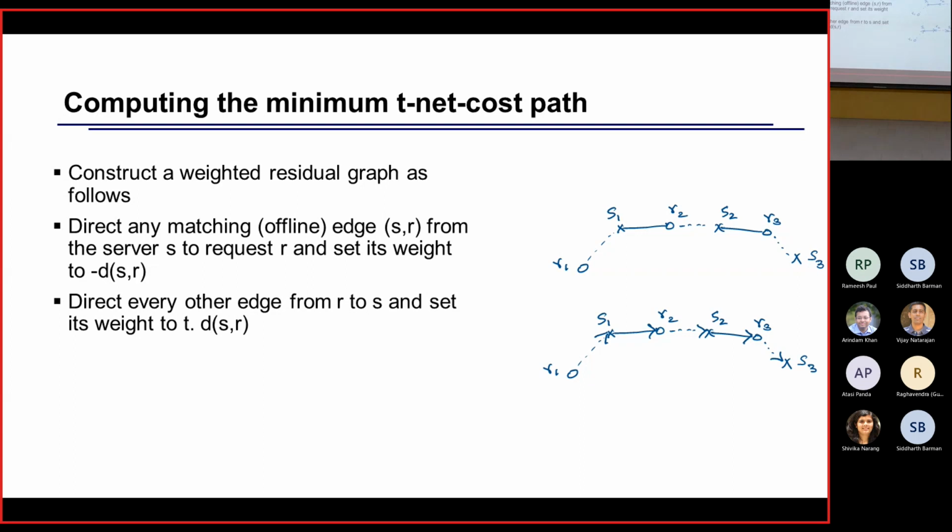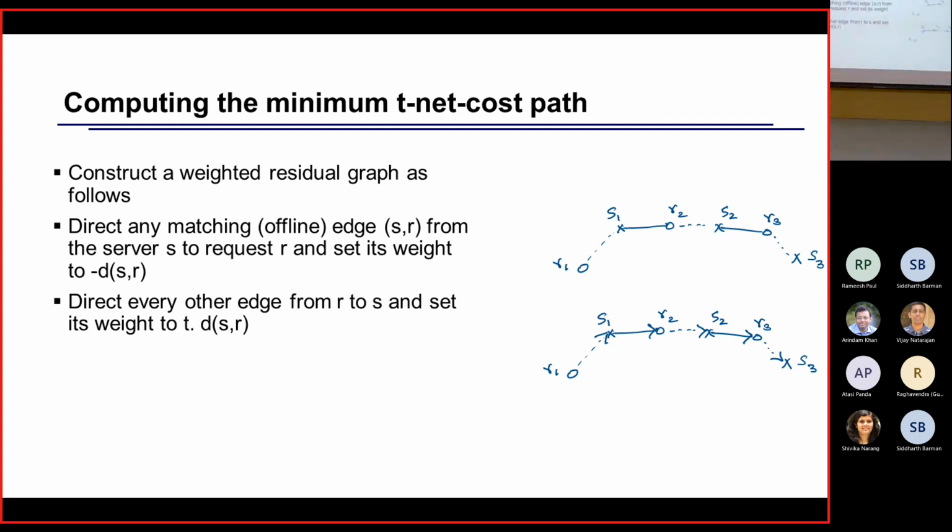Okay, so before we get into the properties of this algorithm or the competitive ratio, one question is how do you implement it? How do you find the minimum T-net cost? One simple way to do that is to construct what you call the residual graph, which you might have seen in your graduate algorithms class.